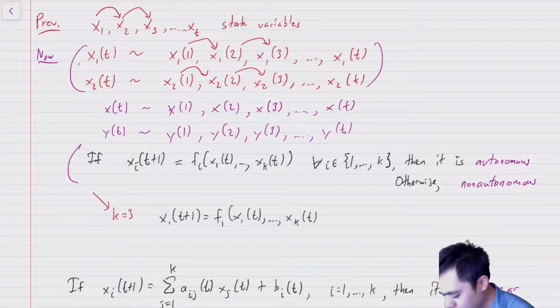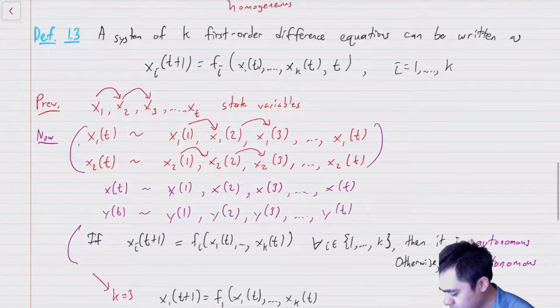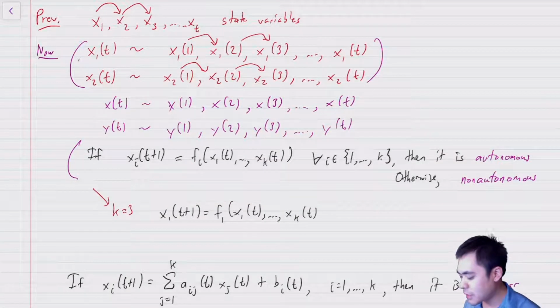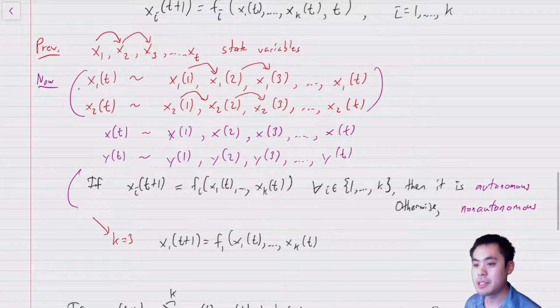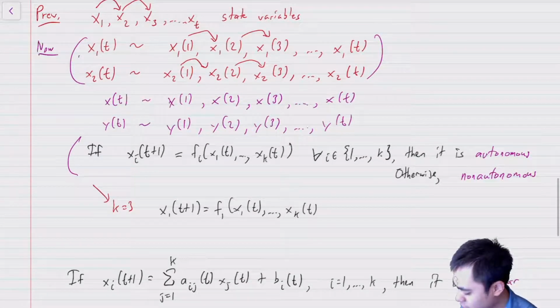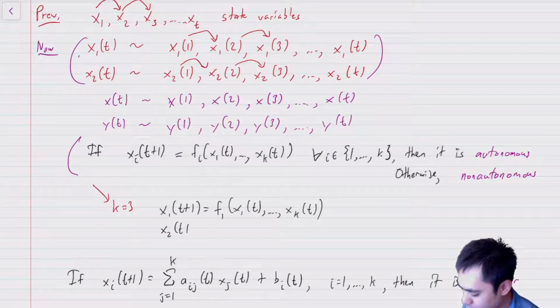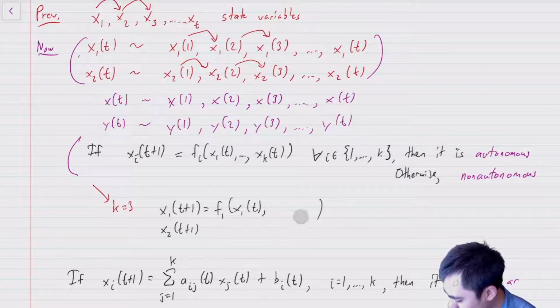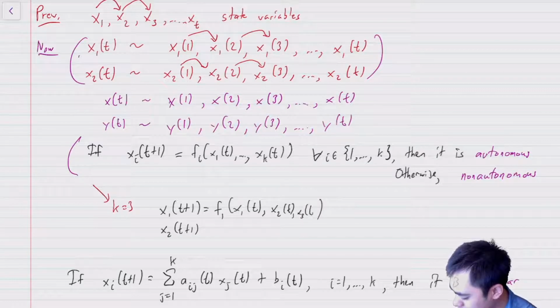Oh, it looks like I have gotten ahead of myself. But in this case, we're going to stick with the k equals 3 example. And you note that here we don't have any explicit t dependence. So here, that's going to be for i equal to 1. And let's say we have the same for i equal to 2. Actually, instead of having k, we can just write them out explicitly. x2 of t, x3 of t.